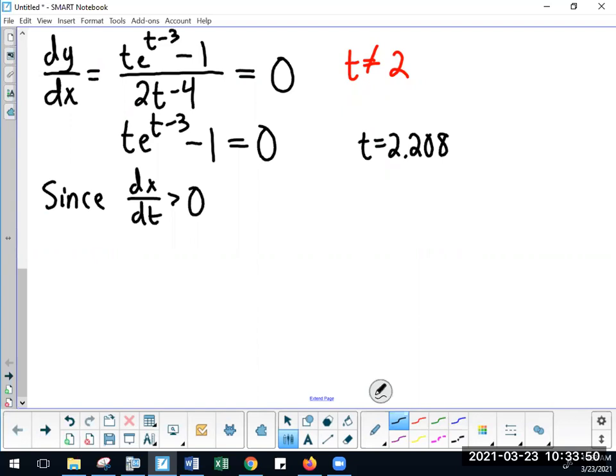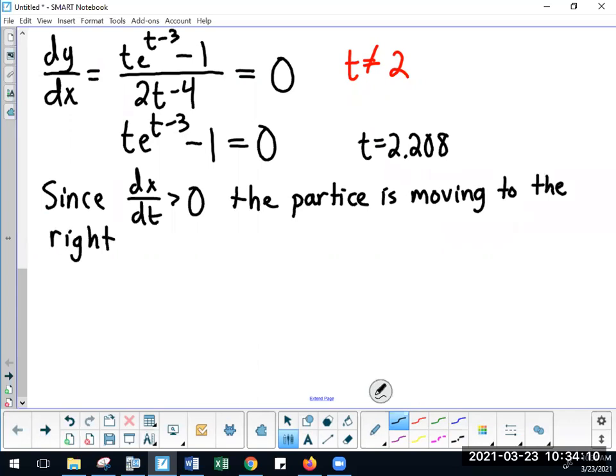If t is bigger than 0, that's going to be bigger than 4. Particle is moving to the right. Bang. Just like that.